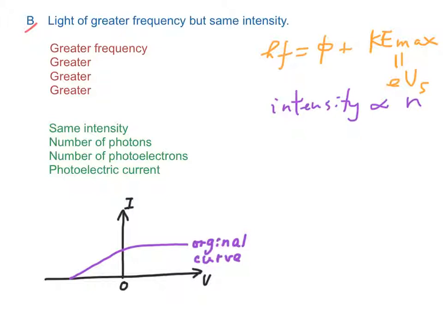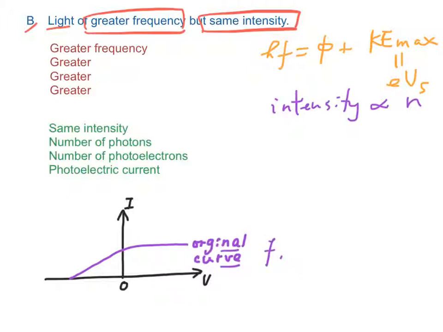Part B. Let's see what happens if now we have light of greater frequency but the same intensity. Compared with the original curve of light of frequency f and intensity I1, if we use light of greater frequency, which is f2 larger than f, we have greater energy of photons, hf.